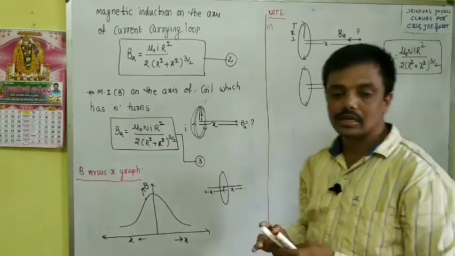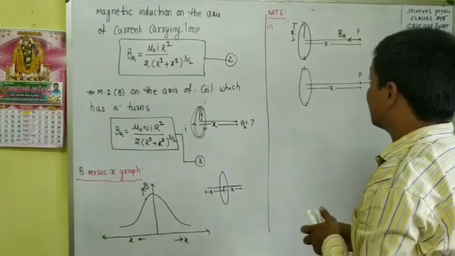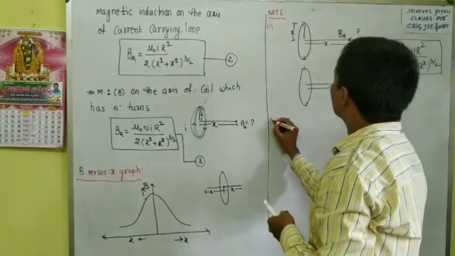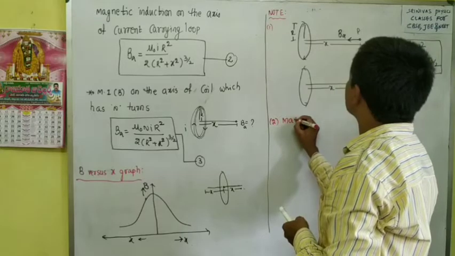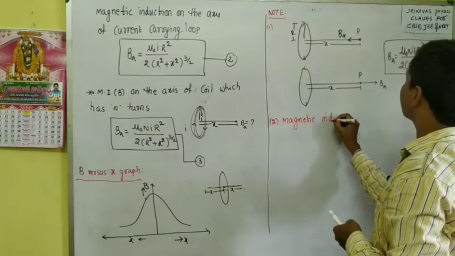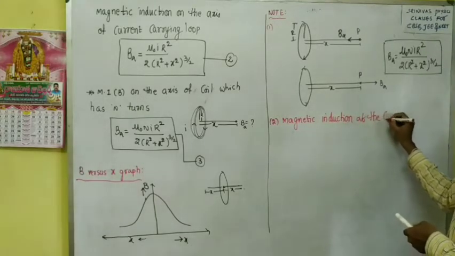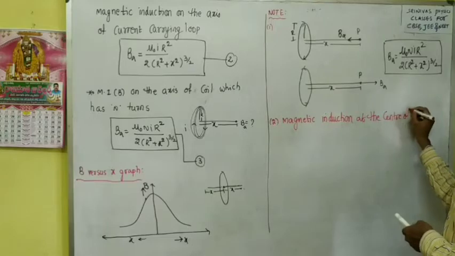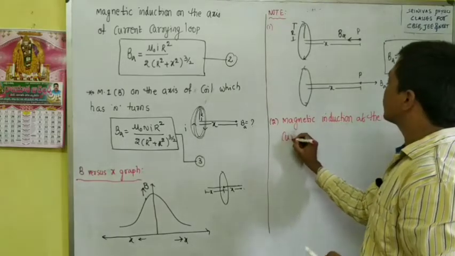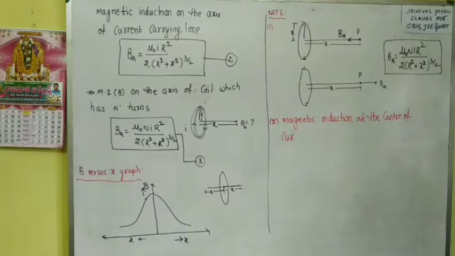Next, let us see what is the magnetic induction at the center of a current carrying coil. I want the magnetic induction at the center of a current carrying coil.